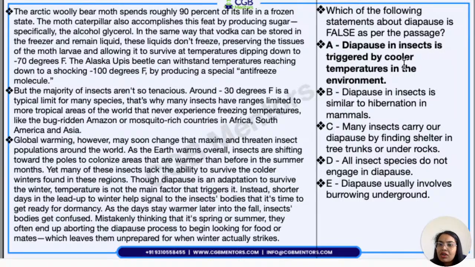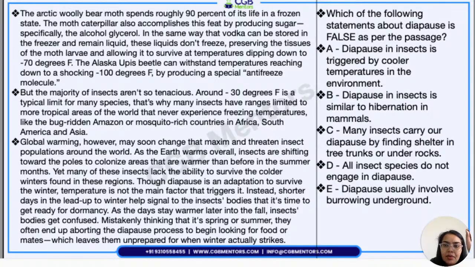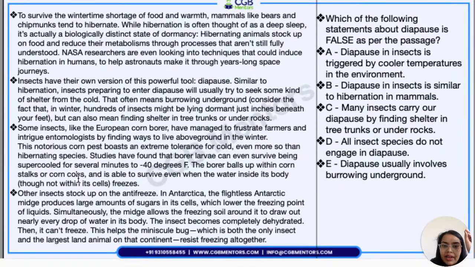Again, which of the statements is false regarding diapause? Diapause in insects is triggered by cooler temperature in the environment. Now, you were supposed to figure out the false one. Okay, about diapause, what do you get here? It's mentioned in the first part as well as in the second part of your passage. What all happens?